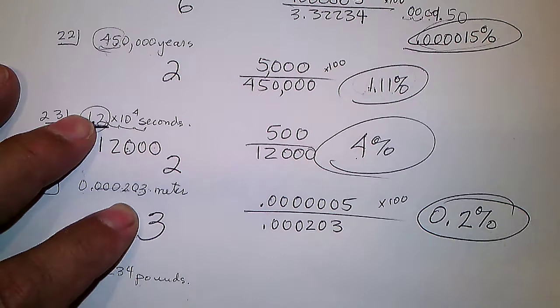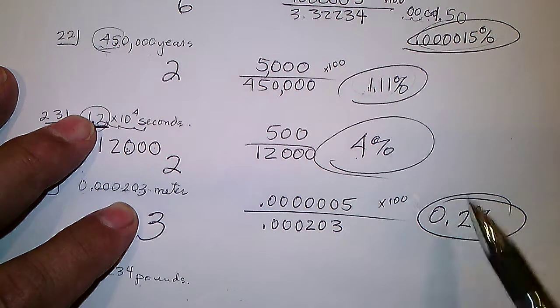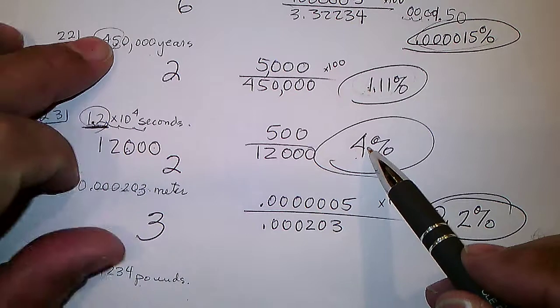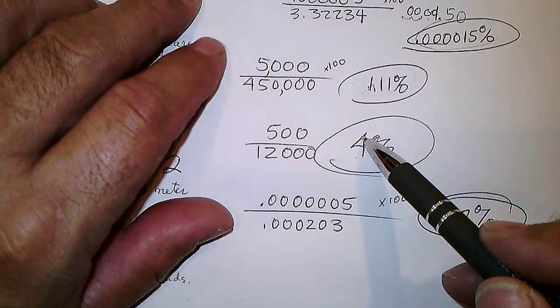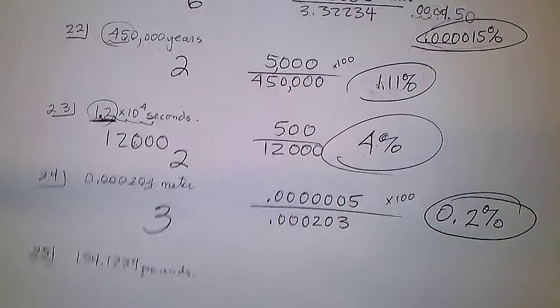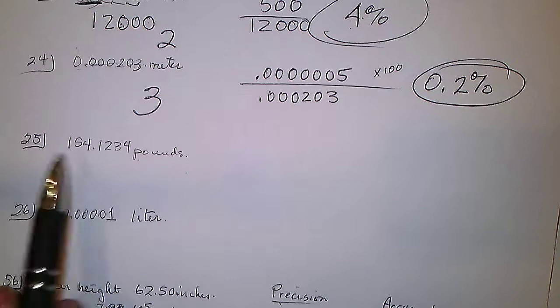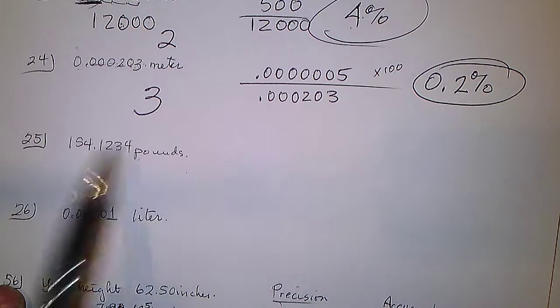Three significant digits, less error, better precision. 2 significant digits, more error. 6 significant figures, very little error. How many significant digits here? 1, 2, 3, 4, 5, 6, 7.